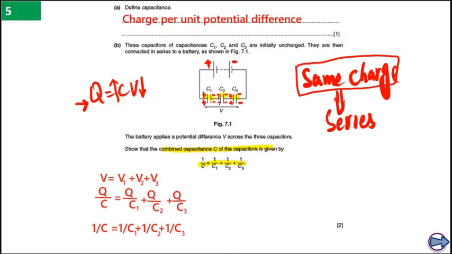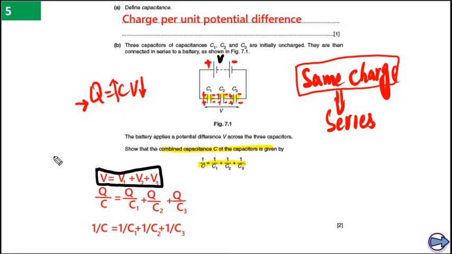So that's all for this part. As you can see here, V is equal to V1 plus V2 plus V3. It simply means that the total EMF of this battery is equal to V1, the potential difference across the first capacitor, plus the potential difference across the second one plus the potential difference across the third capacitor.